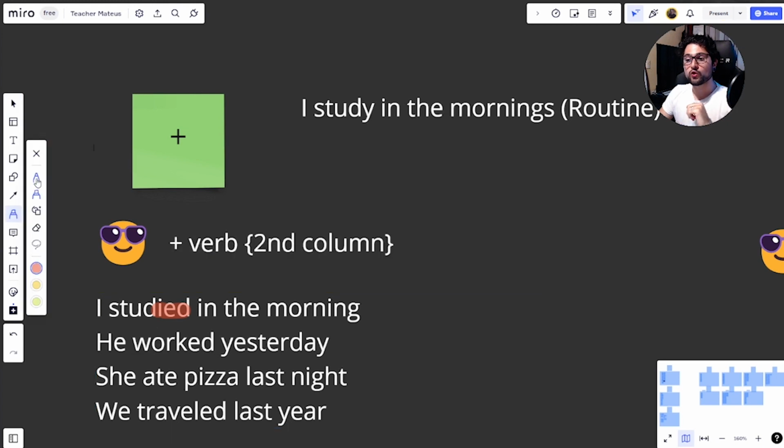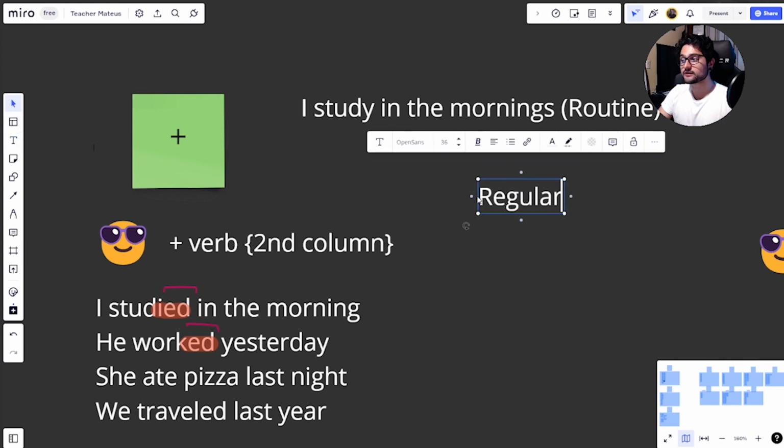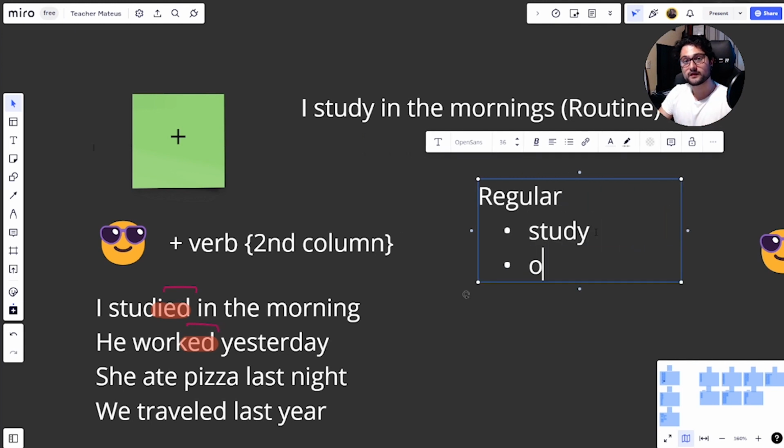He worked yesterday. And then you identify this pattern, guys. ED, right? Here and here. This is what we call, guys, regular verbs. We are going to discuss this in more depth a little bit later in our lesson, but I can already tell you that some important regular verbs are study, work, play, and clean, for example.